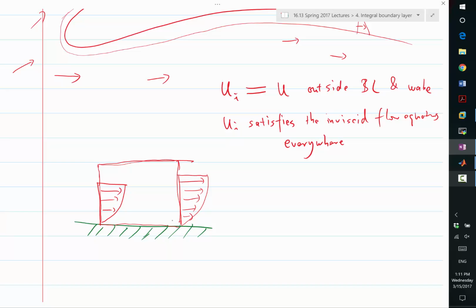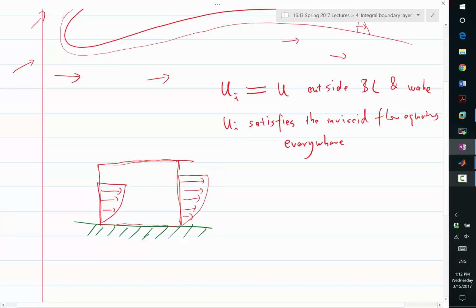Right. So my question is the following. What is the velocity of the true flow field at the boundary? Especially, I want to consider the conservation of mass.